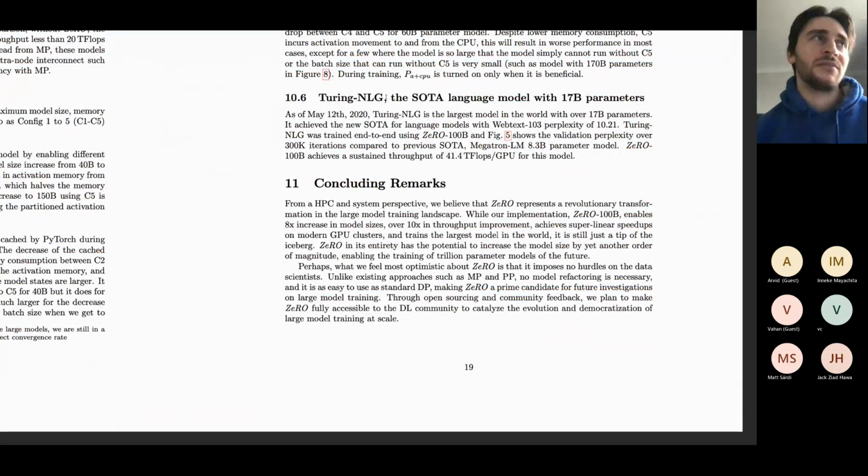The model was 17 billion parameters, which at the time was the largest. I think GPT-3 has 175 billion now, and I think we might have even passed the trillion mark on some other ones. But this paper was published in 2020.